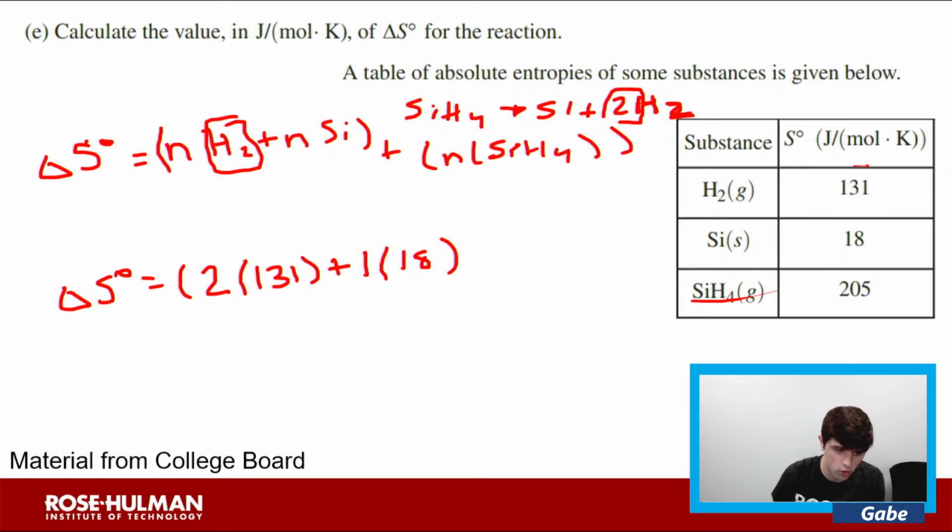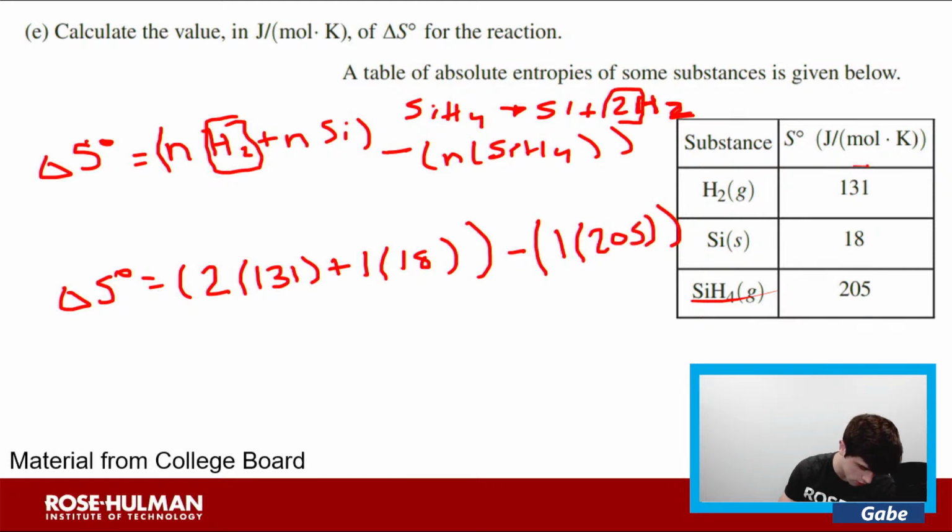And there's a quick correction to be made. This should be a minus sign because we're subtracting our reactants from our products. So that is our product side, and we'll subtract from our reactant side, which will have 1 mole, because there's only 1 in front of it, of 205.